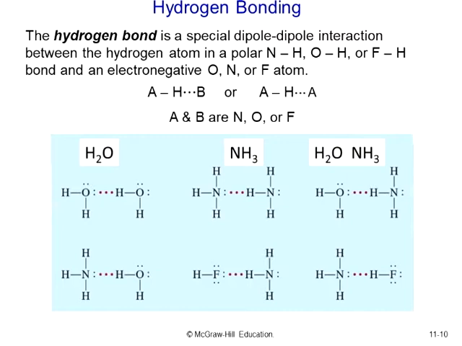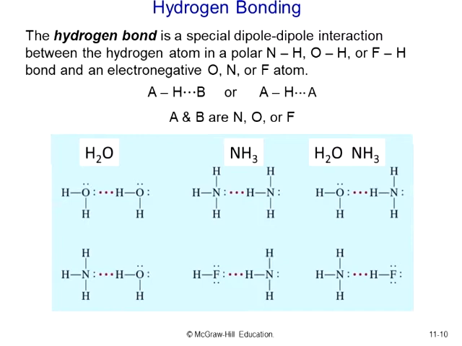And therefore, it would be polarized in such a way that it undergoes hydrogen bonding. You can also have hydrogen bonding between the water and the amine. In fact, this is why these materials tend to be soluble in each other, because of the hydrogen bonding.